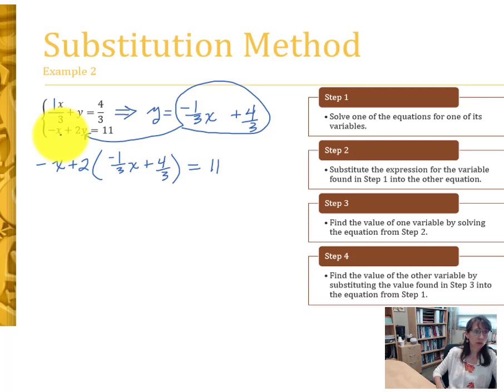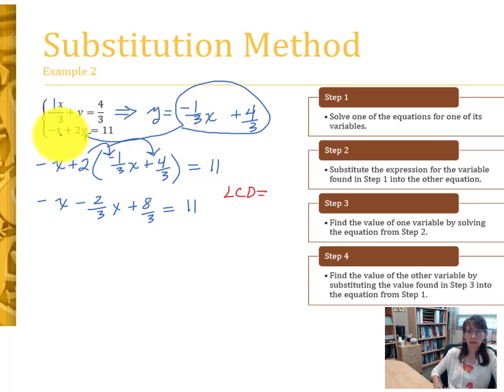So I'm going to distribute positive 2 to each term in this quantity. Negative x minus 2/3 x plus 8/3 equals 11. Now you'll notice we have some fractions, but we've learned in previous lessons how to eliminate fractions from an equation. And that technique involves the lowest common denominator.